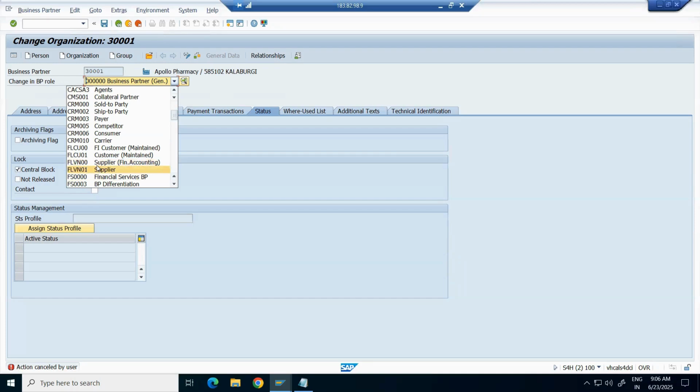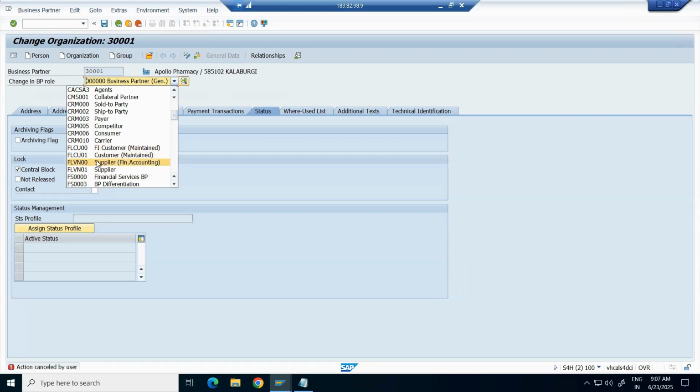Because in some cases maybe we are not doing any physical transactions with the supplier or customer, but we are doing some financial transactions with them. In that case, without creating FLCU01, we can do the transactions by creating the FI customer or the FI vendor, or FI supplier.